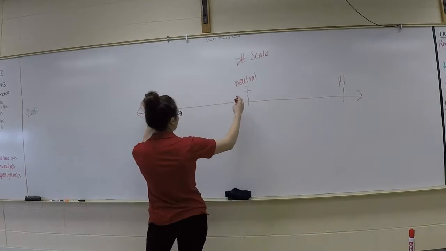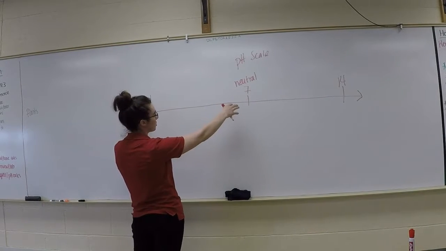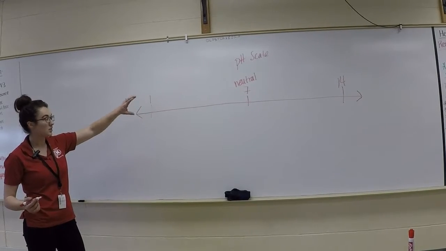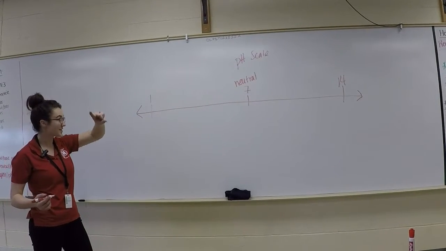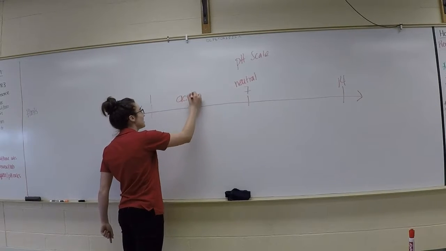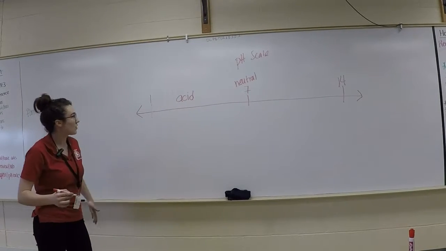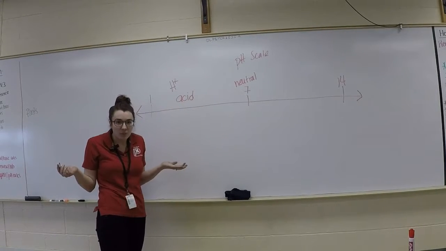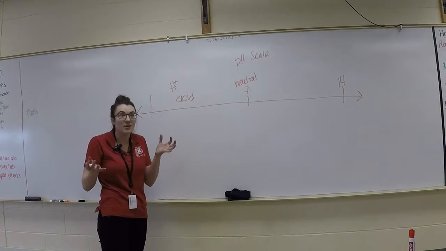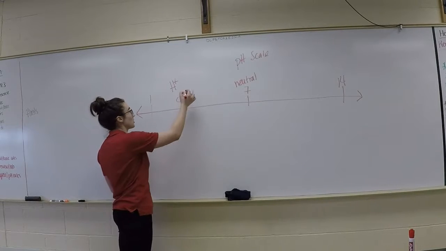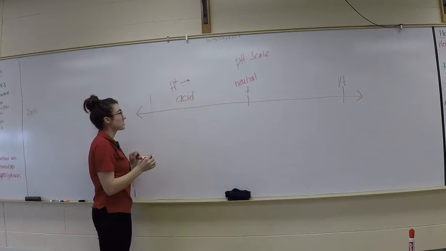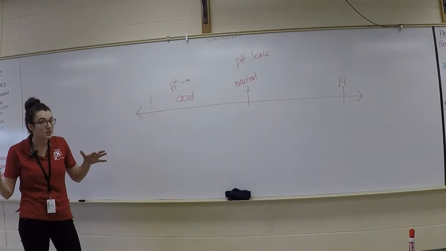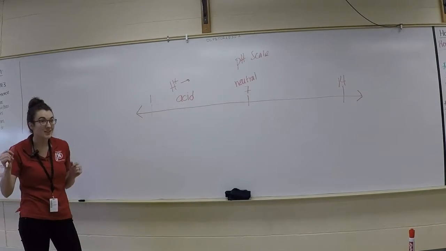Now, we briefly talked about the pH scale last time. When we're between 1 and 6-ish on the pH scale, what do we have? Acid. All right, we have an acid. And acids have a greater concentration of H+, right? If HCl breaks apart in solution, it's going to have an H+. But here's one for you. While H+ is in water, it combines with the water to make what?